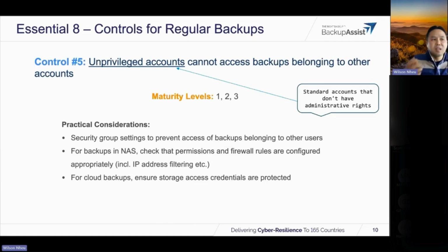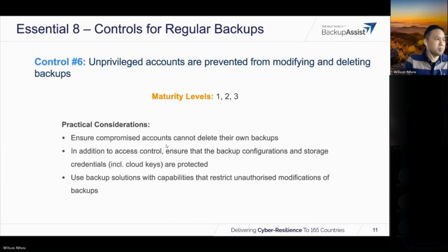If someone can access that, then they effectively can access your backups as well. So that's someone else's backups, that is. Now, as we go into the next set of controls, you'll see that we're talking about more and more possibly sophisticated attacks. For maturity level 1, they're still relatively simple.